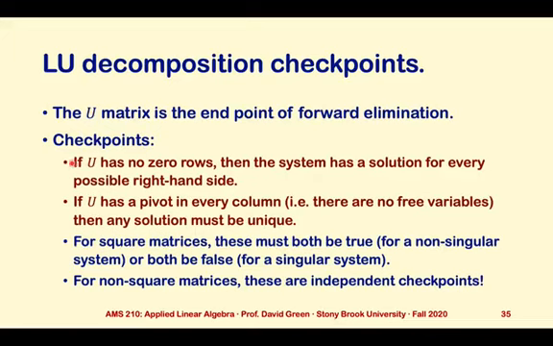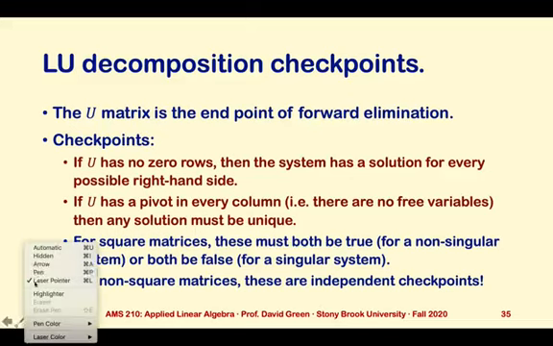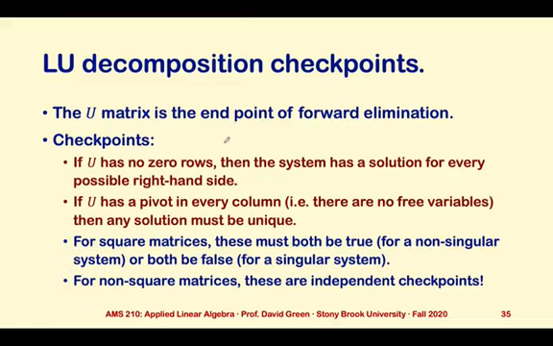Okay. If U has no zero rows, then we know that the system must have a solution for every possible right-hand side. Why is this? Well, what would cause an inconsistent system? What would lead us to having no solution? It would be if we started with an augmented matrix and we converted this to some U and some modified right-hand side.